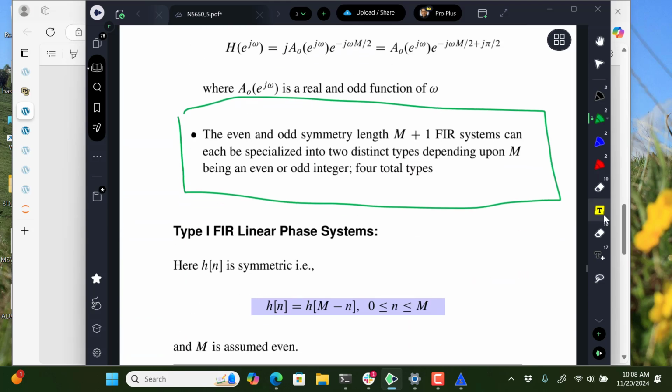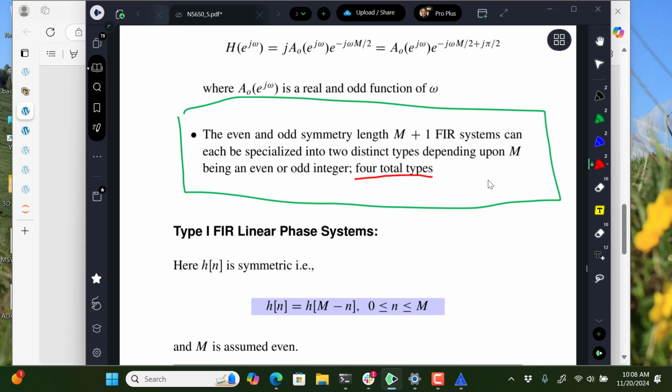So there's a total of 4 types, and I'm going to give you the high points of that here, and then we'll be able to get on to the exam overview. The 4 types are: M is even or odd, and the filter coefficients are even or odd.